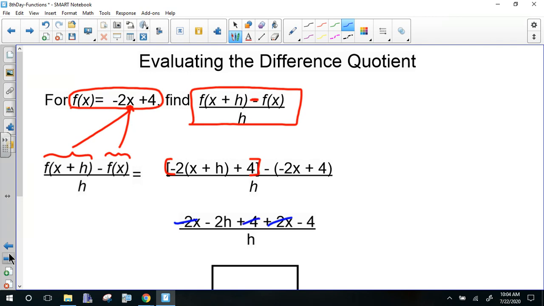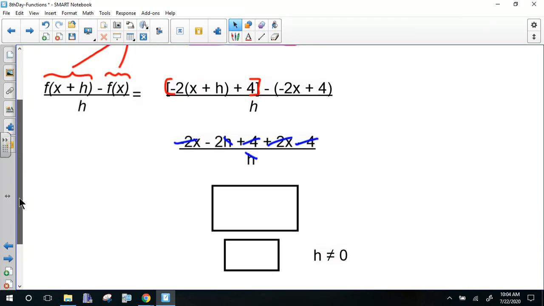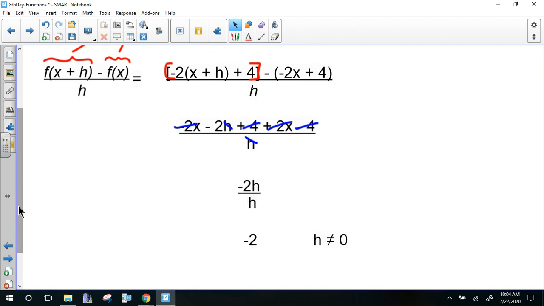My positive 4 and my negative 4 cancel out. And my h cancels out. So what I should have left for this is a negative 2 for my answer. Please stay very organized when working these type problems, and you should be fine with it.